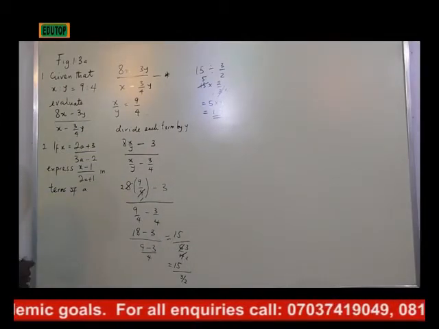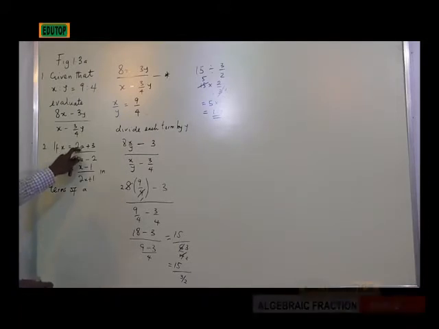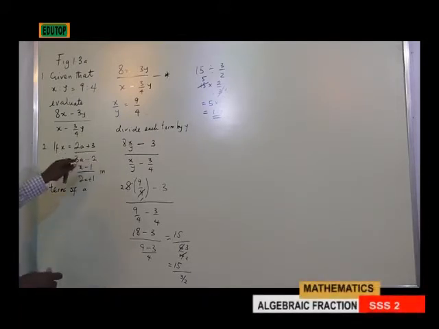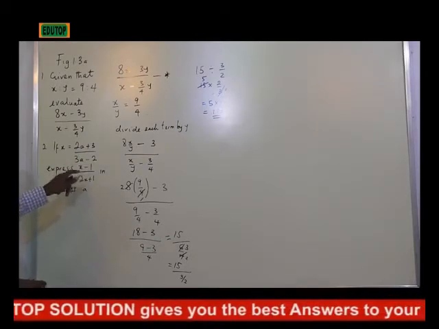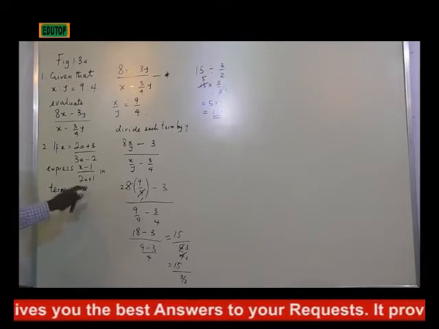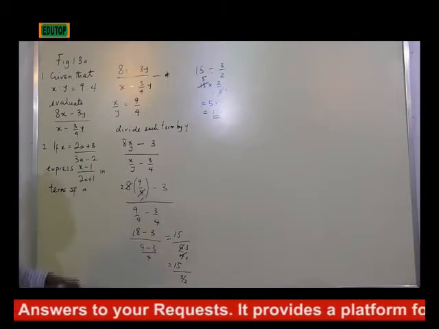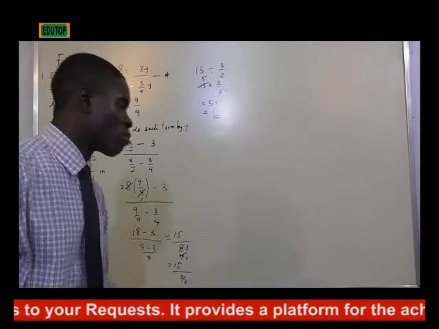Then the second question: if x is equal to 2a plus 3 over 3a minus 2, express x minus 1 over 2x plus 1 in terms of a. That means my final answer must have a as a dominant variable.